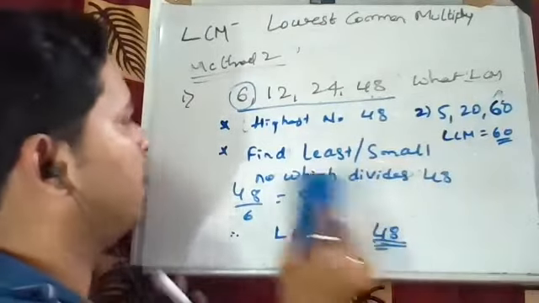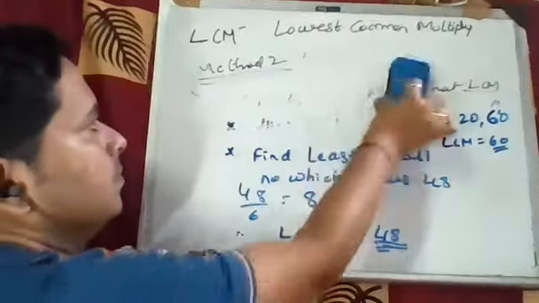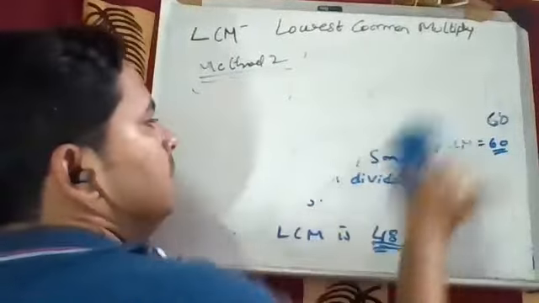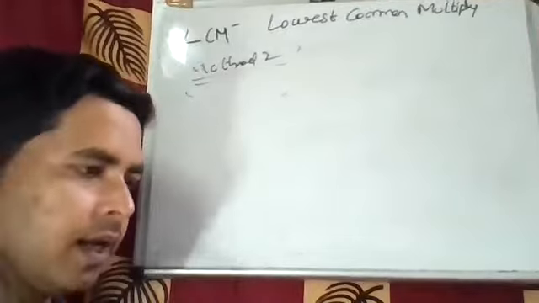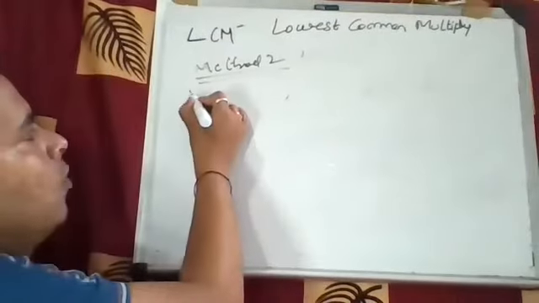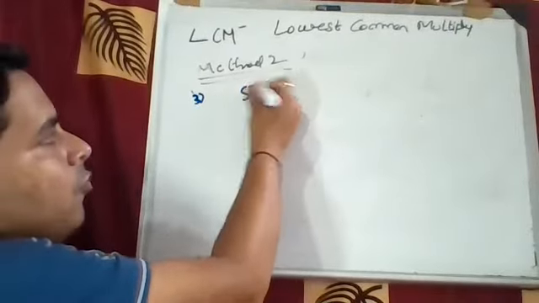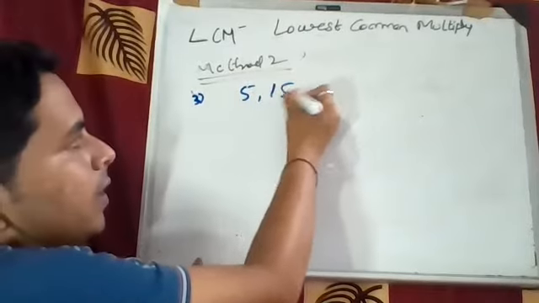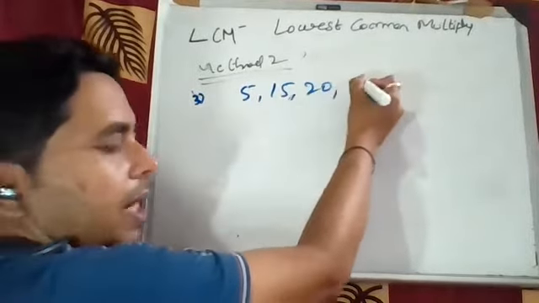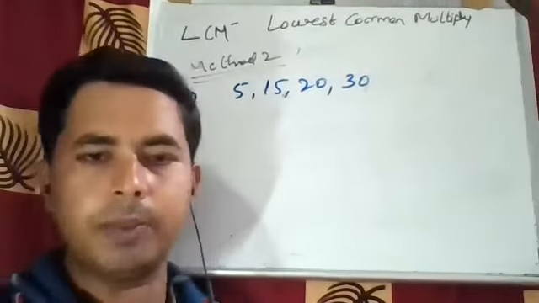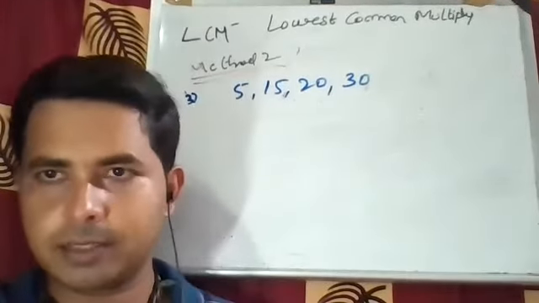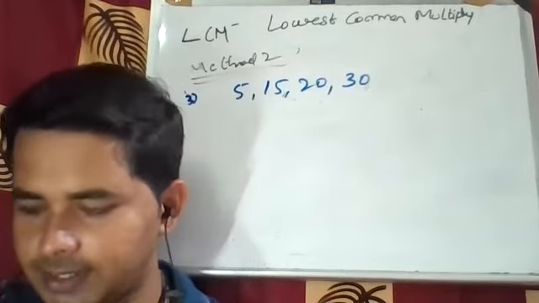So I'll take one more example. See now, the third example: 5, 15, 20 and 30. Here 30 is the highest number.